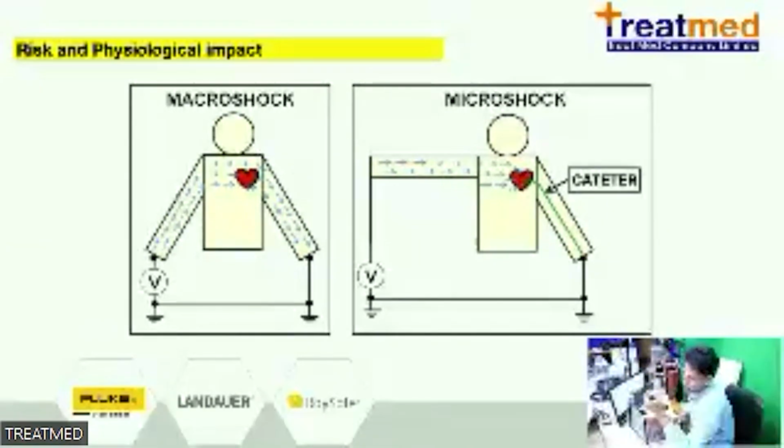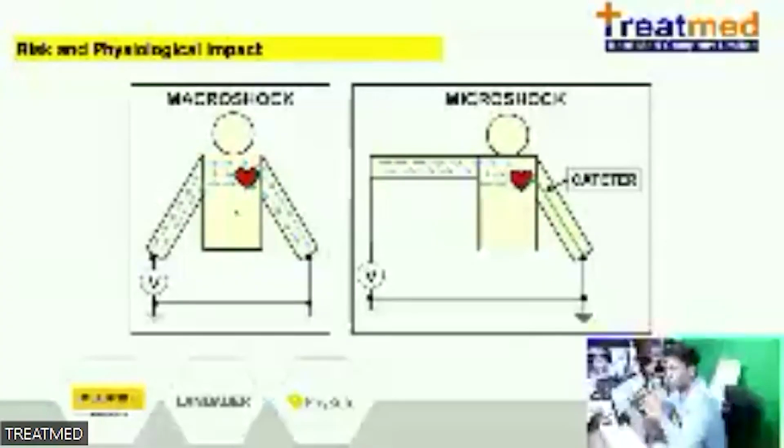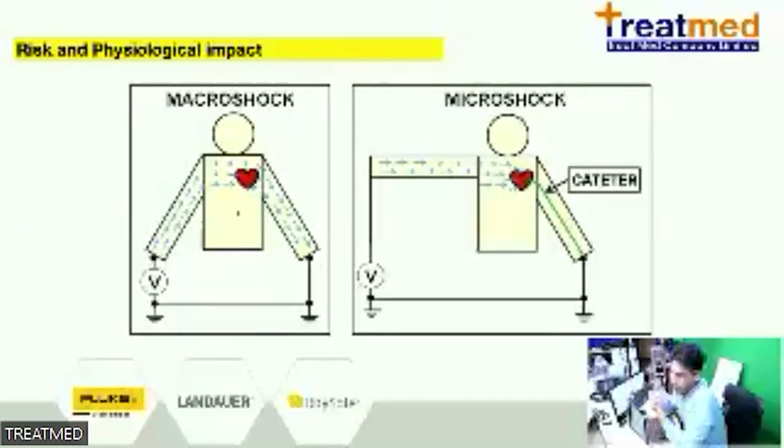More current coming to the human can burn the skin, cause shock and fibrillation. This is the macroshock. The microshock is common for all electrical devices, and for medical devices we are concerned about the microshock.